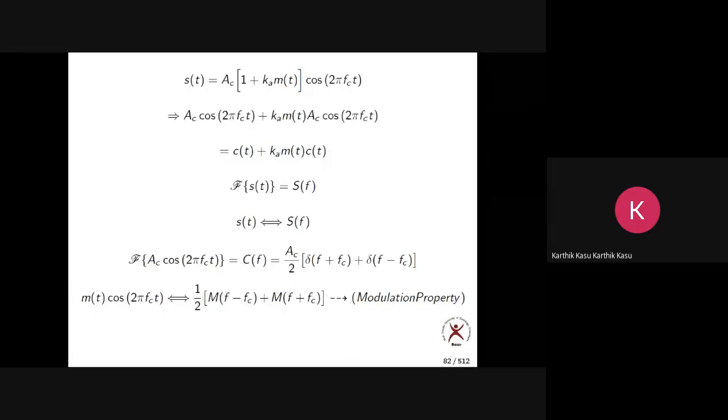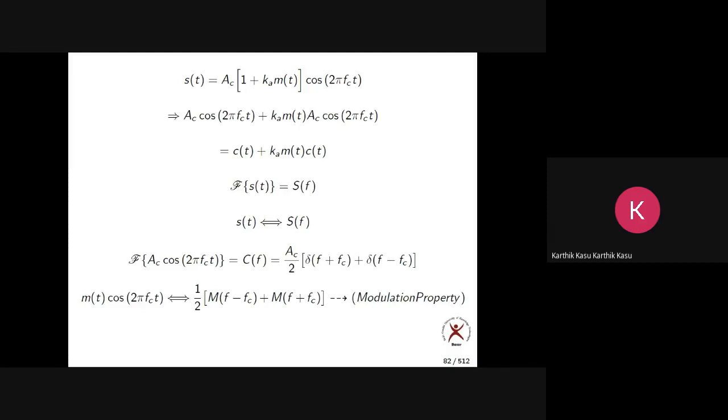If I ask you, what is x of t convolution delta of t minus t naught?